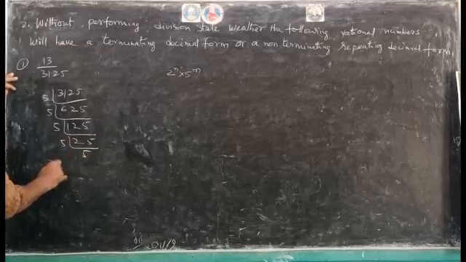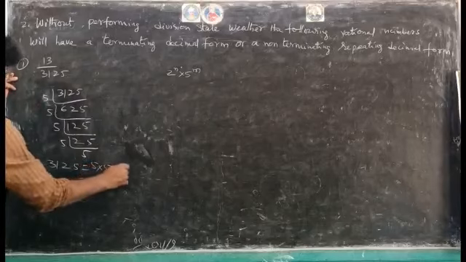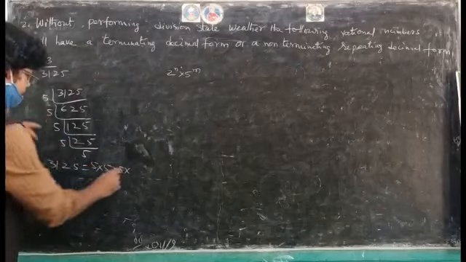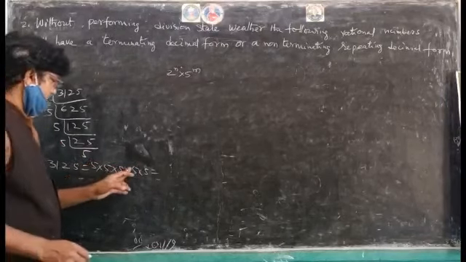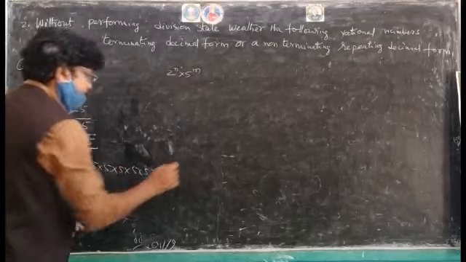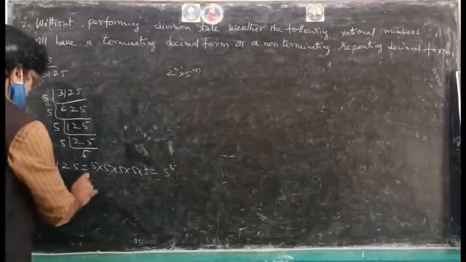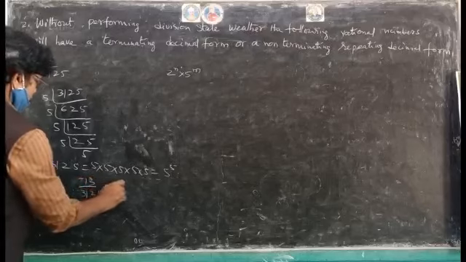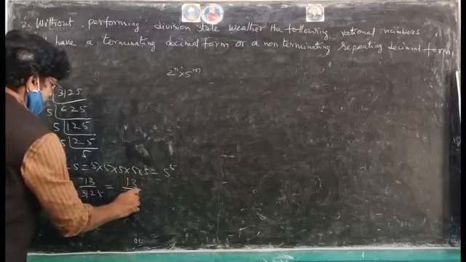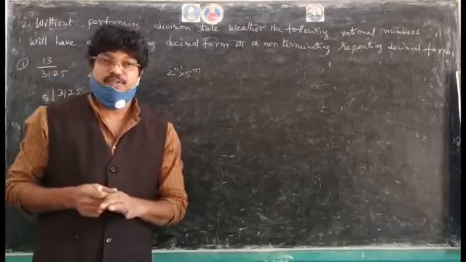So 1325 equals 5 into 5 into 5 into 5 into 5, that is 5 power 5. So 13 by 5 power 5. This is in the form of 5 power m.